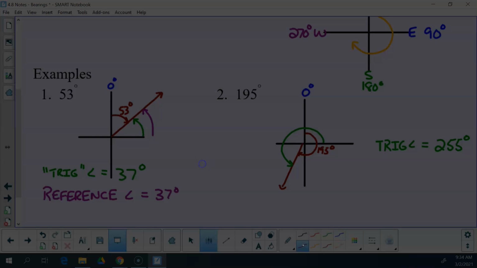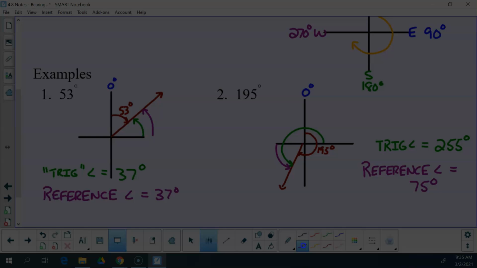My reference angle is going to be this angle here, which is 75 degrees. Okay?